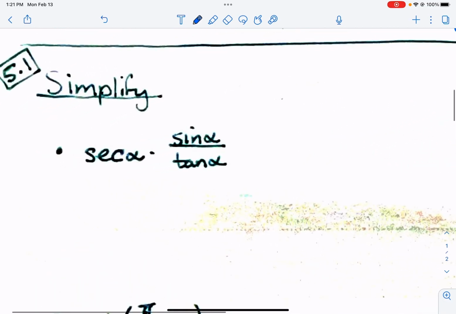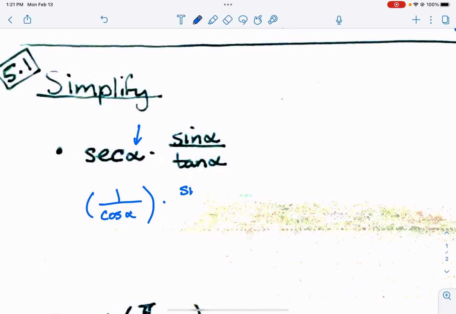Secant of alpha times sine of alpha over tangent of alpha. I would say the strategy here is to express secant and tangent in terms of sines and cosines. So this is 1 over cosine of alpha times sine of alpha over, and what is this denominator? This is sine of alpha over cosine alpha.